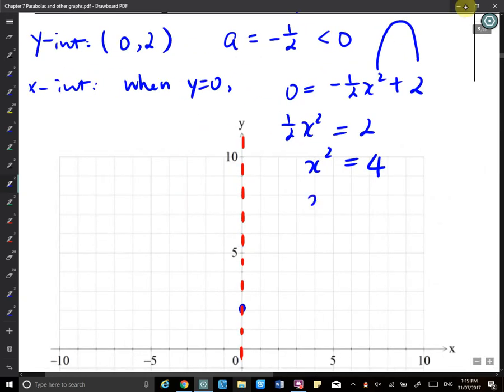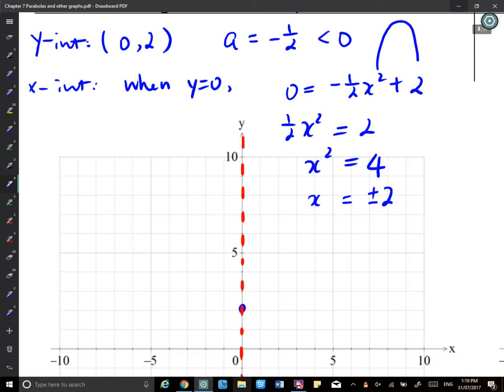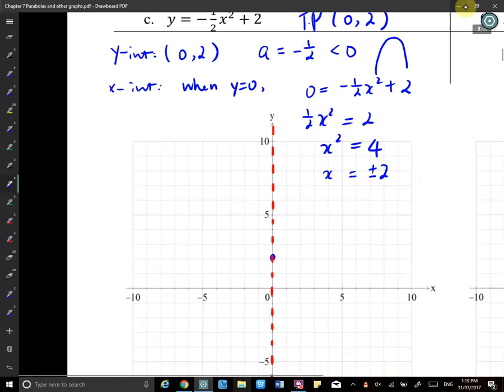What does x equal? Think about this. Plus minus 2. Do not answer so quickly. It must be 2 answers: plus minus 2. You have 2 x-intercepts.